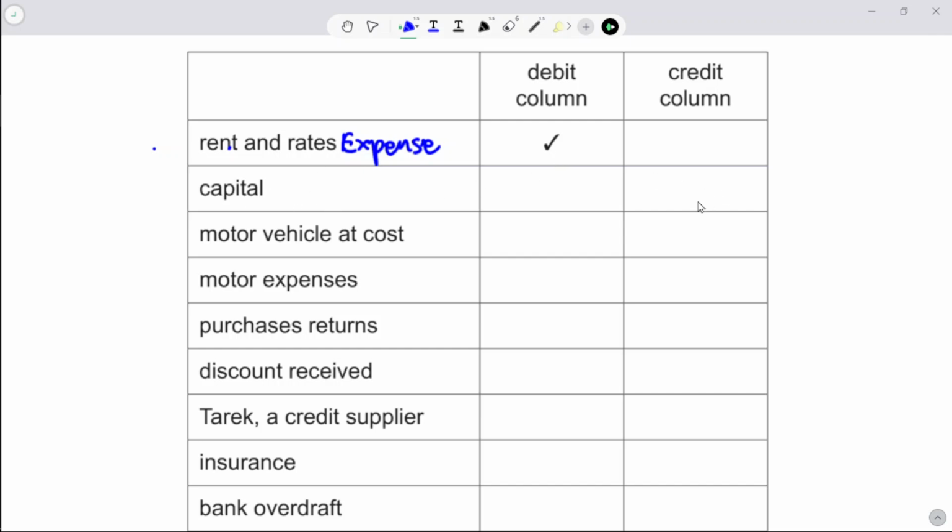Capital we credit. Motor vehicle is an asset, so we debit. What expenses we debit. So we'll debit here. And then purchase return.